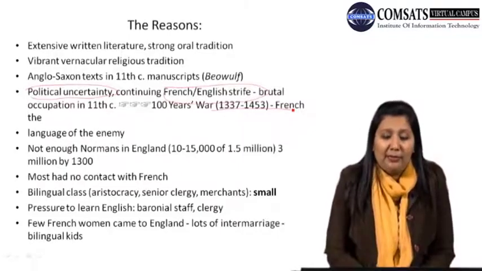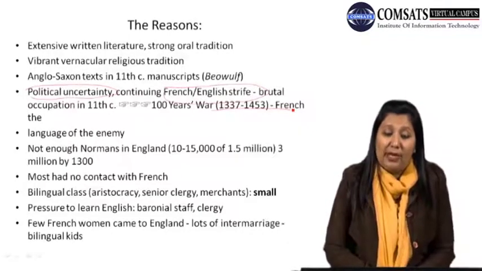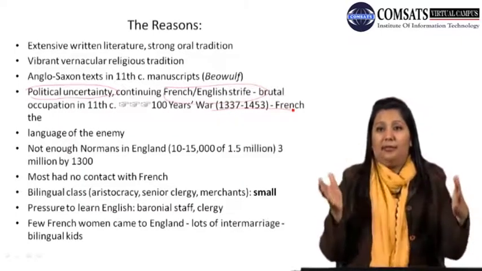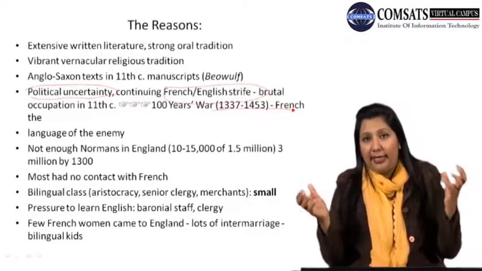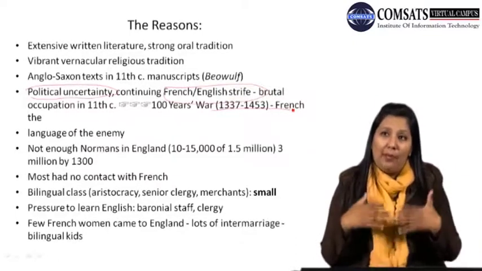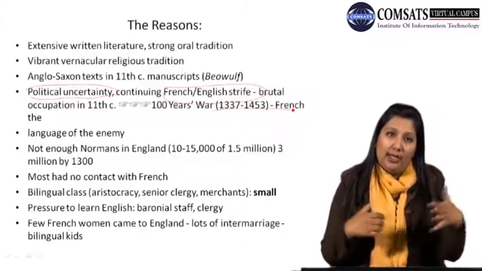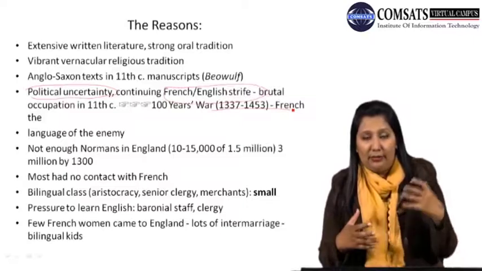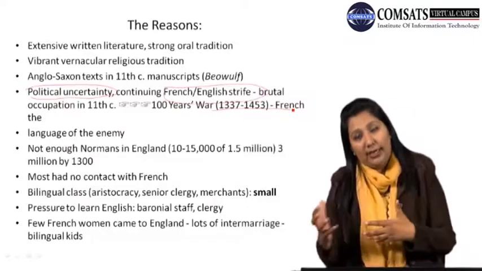Few French women came to England, lots of intermarriages, bilingual kids. As France and England have been in very close connections, what happened as a result of this close connection? A few of the French women migrated to England.